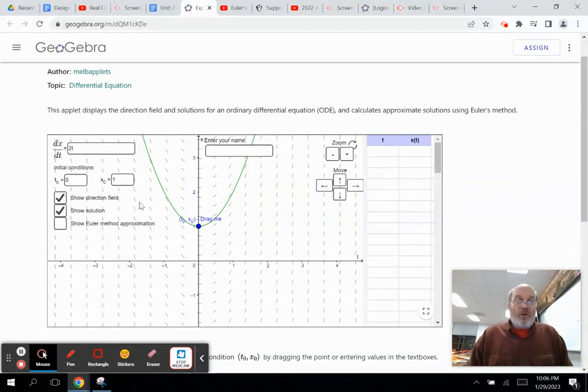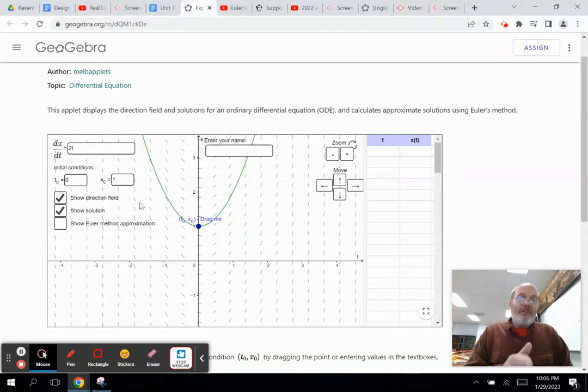If I show the Euler's method approximation, this is going to go through multiple iterations of the tangent line approximation, where we make an equation of a line, and then for the step, which is the change in the t value here, it's going to calculate the tangent line approximation.